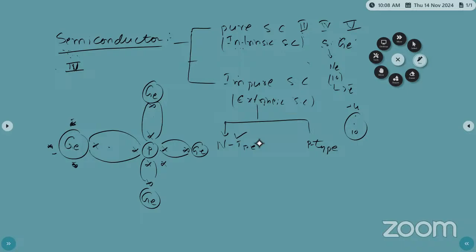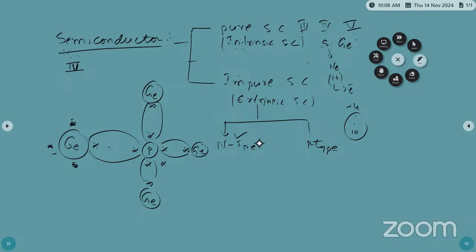What are the 2 terminals? Positive and negative. That's the DC supply. Based on the connectivity of that power supply, the electron can move from one direction to the other. So because of these excess electrons, this impure semiconductor is called N-type semiconductor.